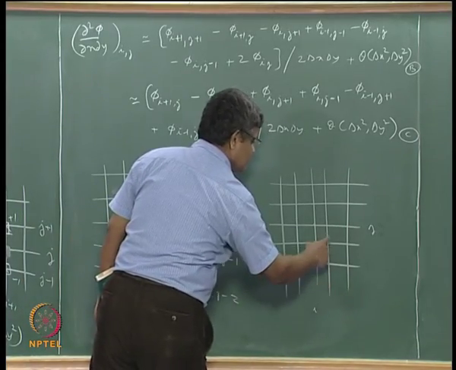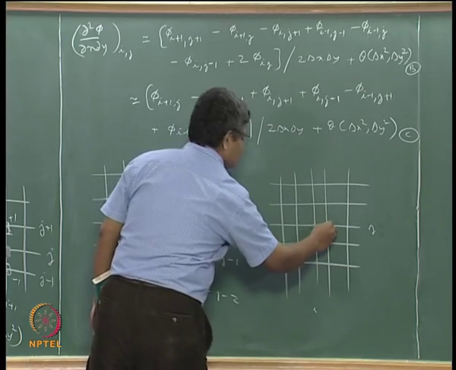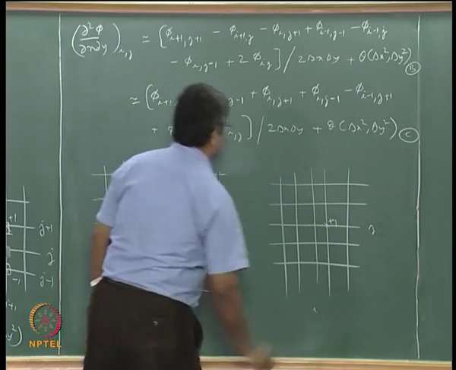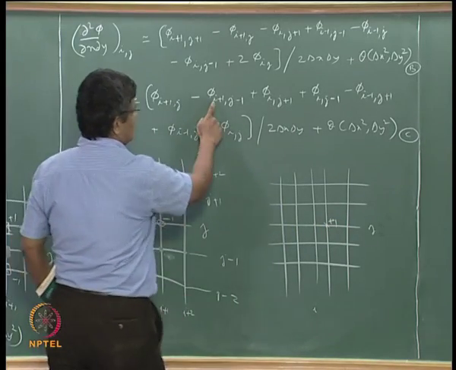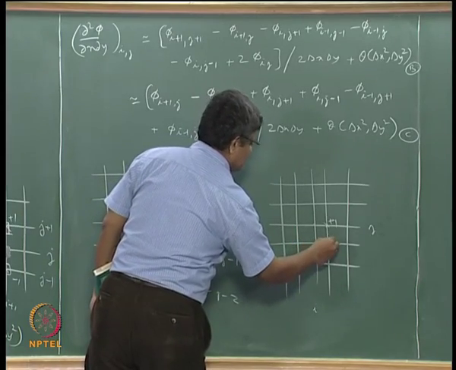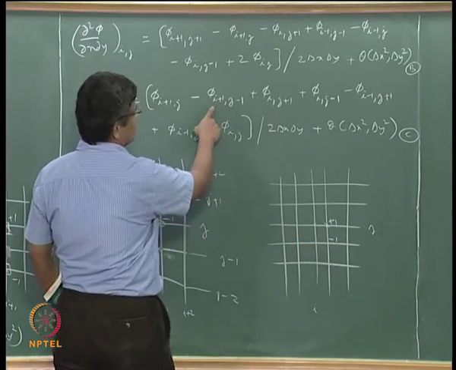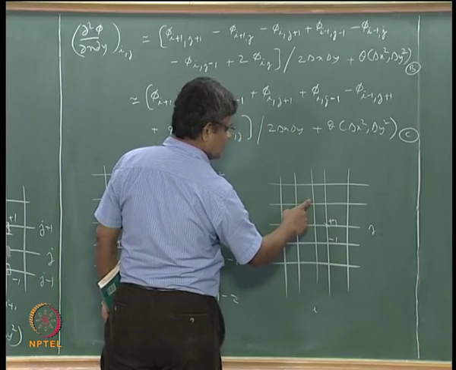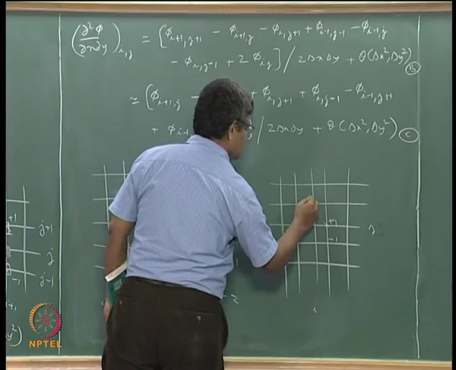So i plus 1 j is this one with a plus 1. i plus 1 j minus 1. So that is this one here with a minus 1, and i j plus 1 is this with plus 1.